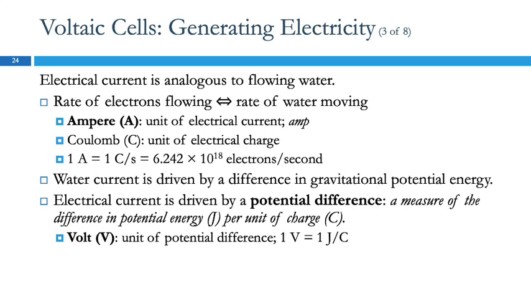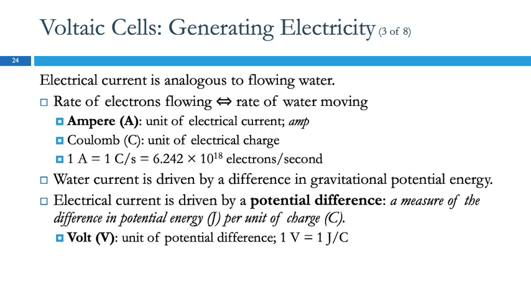So we know that water current is driven by a difference in gravitational potential energy. Electric current is driven by a difference in electrical potential. So that's a measure of the difference in potential energy per unit of charge.